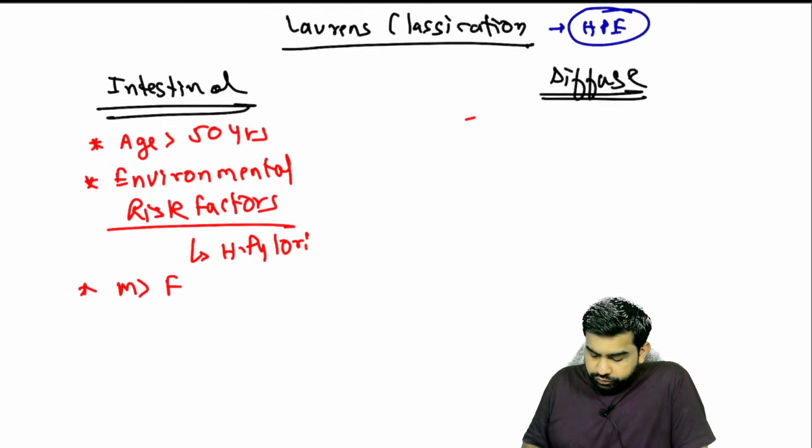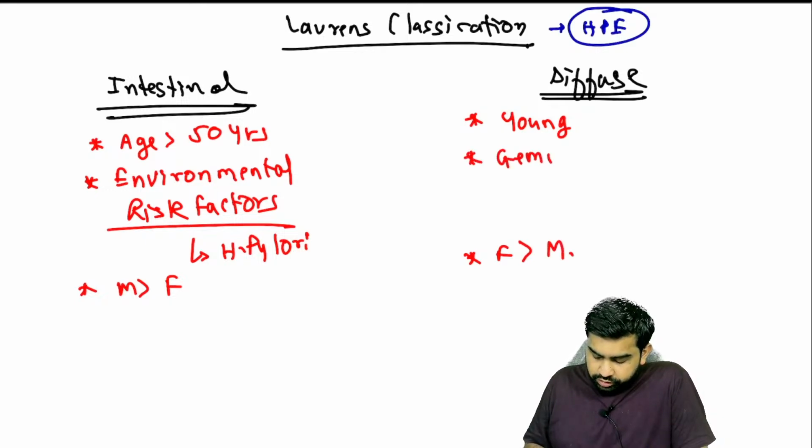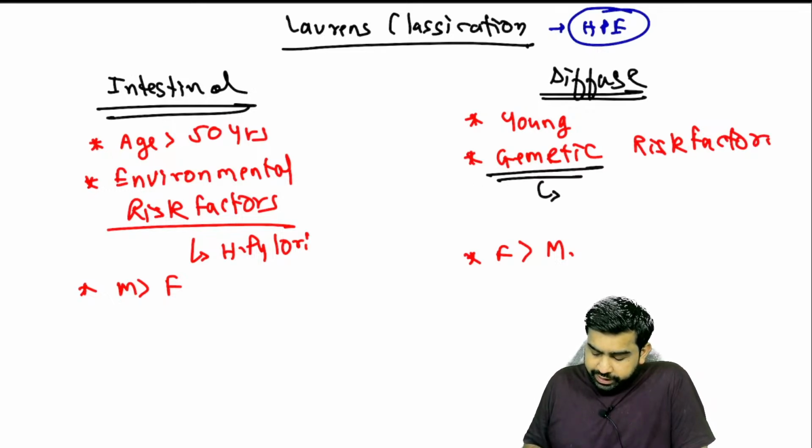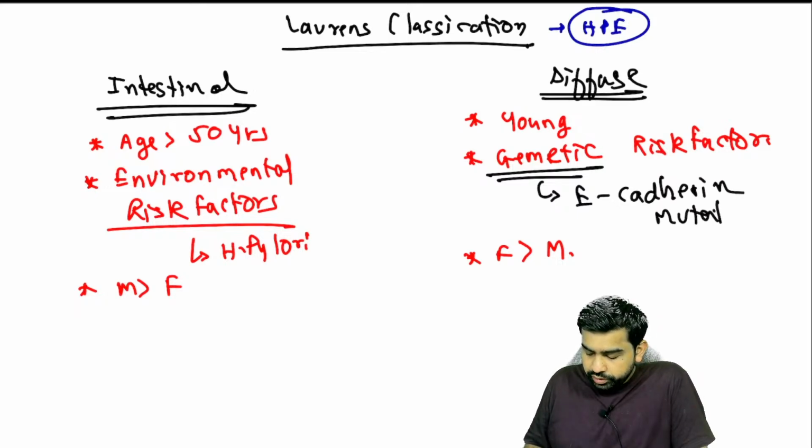On the other hand, the diffuse type occurs in the young, is more common in the females as compared to the males, and has a genetic risk factor. What genetic mutation do you get?